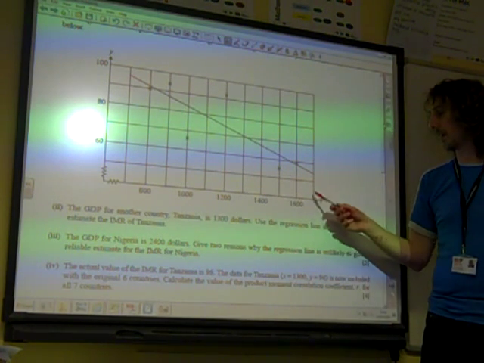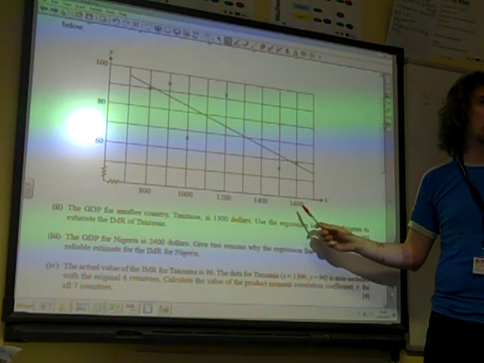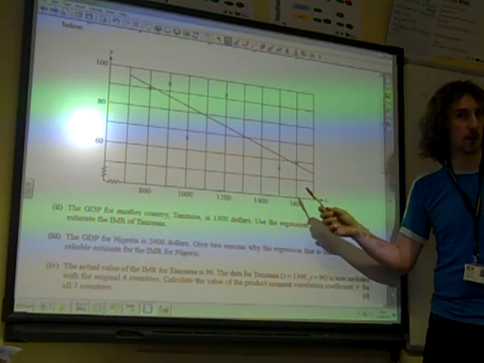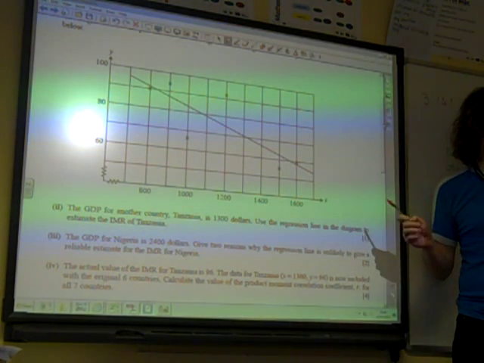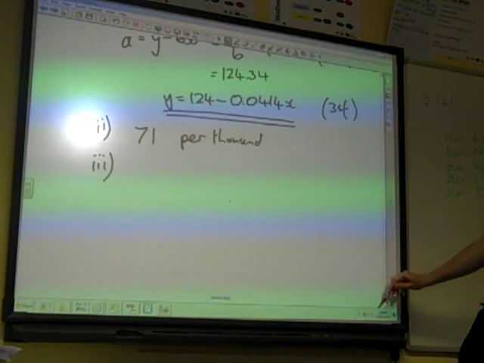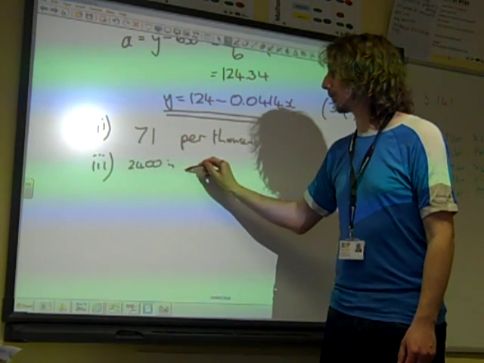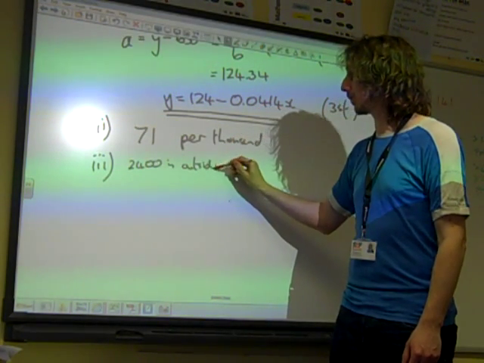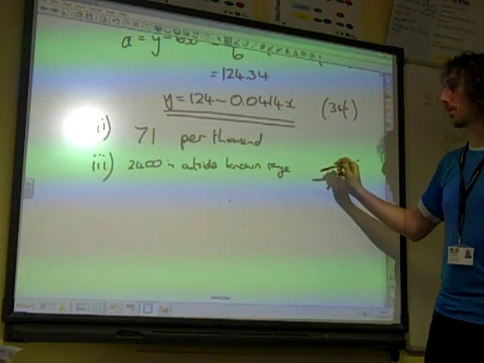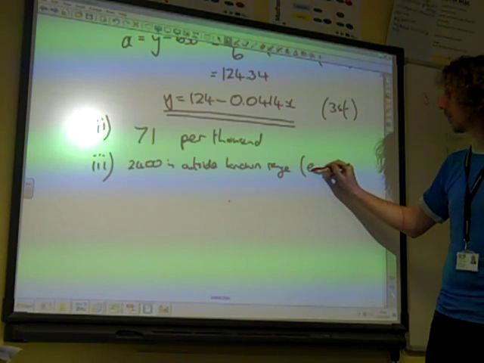This only goes up to 1,600 there. The biggest known value is 1,600. So 2,400 is quite a long way outside that range. So the first thing that we're going to say is that it's outside the range. And if you want to, you could just write the word extrapolation.